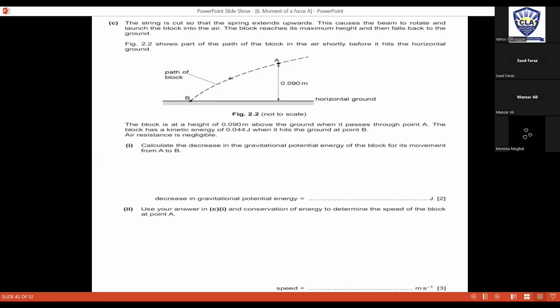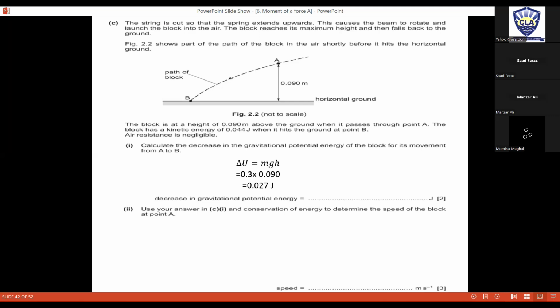They tell us that the kinetic energy when it hits the ground is 0.044. What is the decrease in gravitational potential energy? mgh. Mass was 0.3 kg, or 0.3 newtons was the weight. So mgh is your loss, the change in gravitational potential energy. Total kinetic energy is 0.044, so it must be moving with a certain speed at A as well.